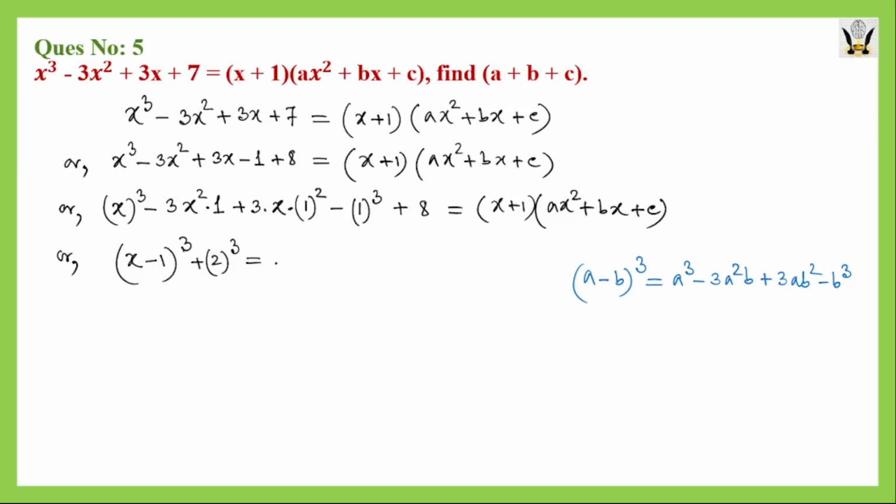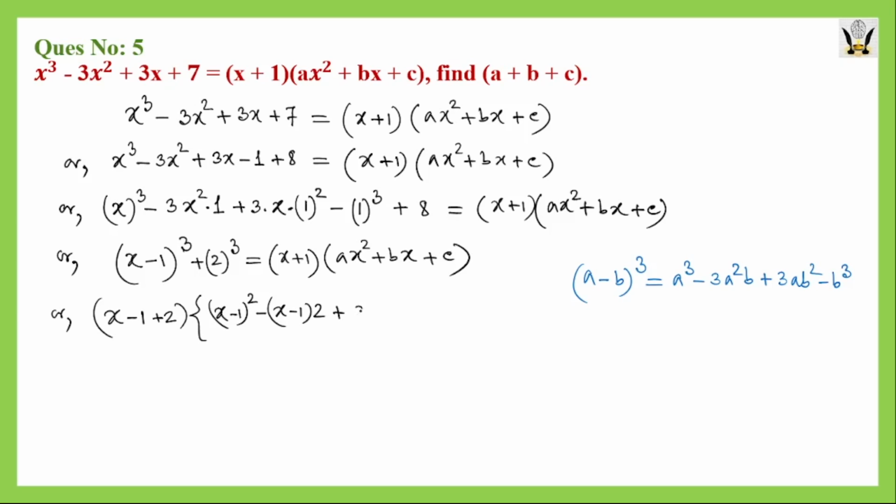And then the factors that we have on the right side. So the left side will fit the identity a cube plus b cube, so it will be a plus b, because here x minus 1 itself is our a and b is 2, so a plus b, and then a square minus ab plus b square, so that we have on the left side. And then let's complete the right hand side.